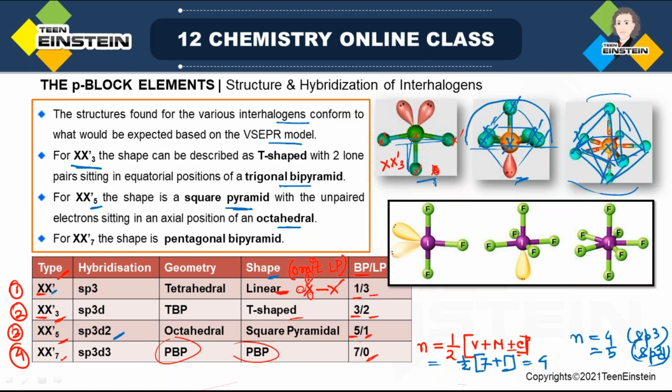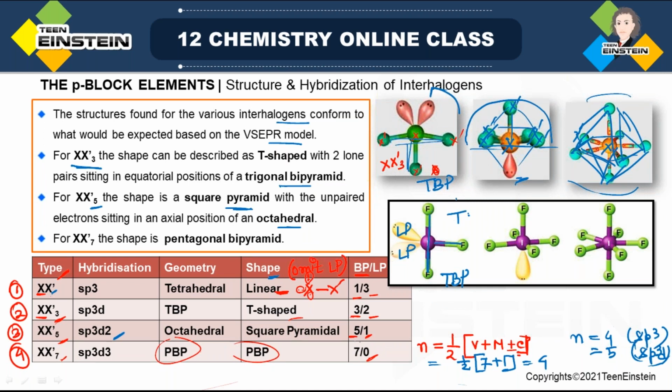See, this is also TBP. This is also TBP. But if you are having some problem in visualizing this, it is just written in different orientation. That's it. If you rotate the molecule in this way, you will get this structure. Okay. And without lone pair, remaining shape is T shape.